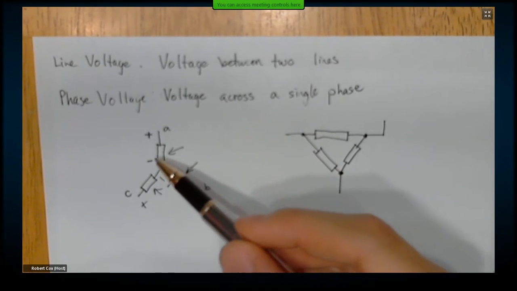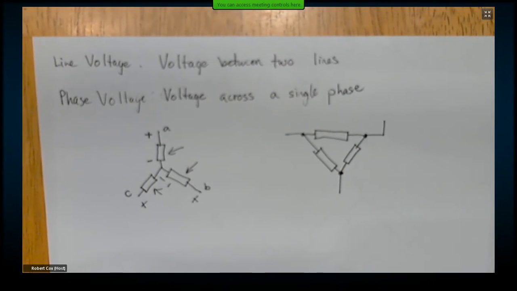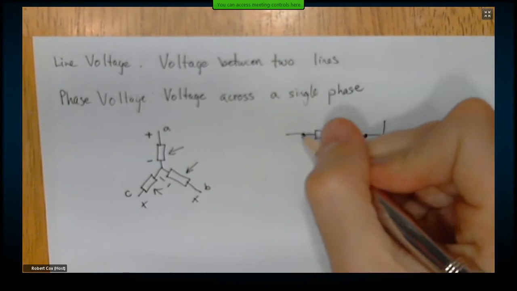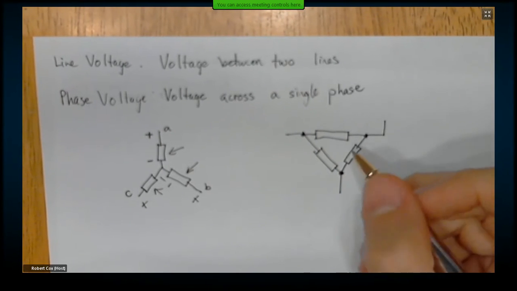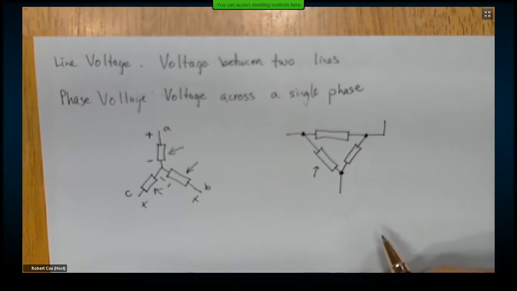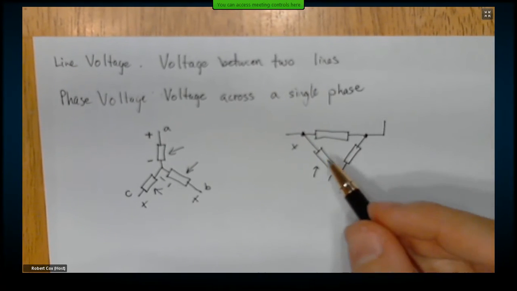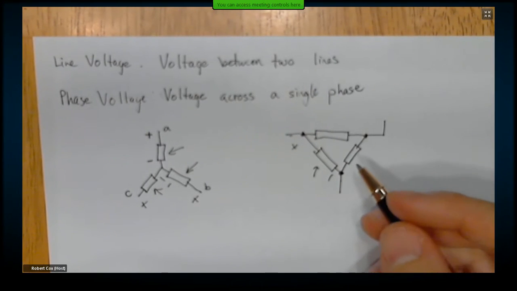And each of the three phases of a three-phase motor could either be Y connected or delta connected. Doesn't matter, it'll work the same either way. Each of these impedances is a phase. In this case, the phase voltage is the voltage across this phase. That is the same as the voltage between the two lines.